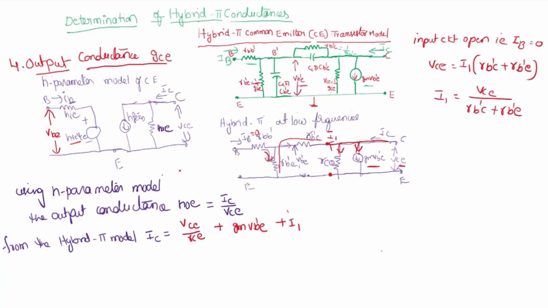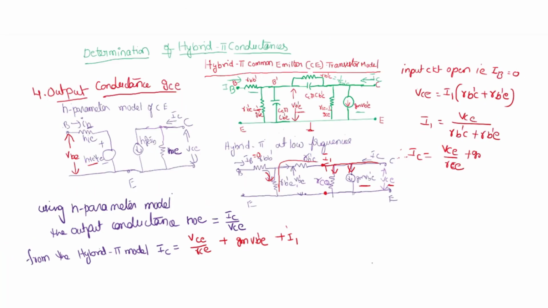Just substitute in the IC expression. Therefore, IC is equal to VCE by RC plus GM VB dash E plus VCE by RB dash C plus RB dash E. And when IB is 0, what is VB dash E?